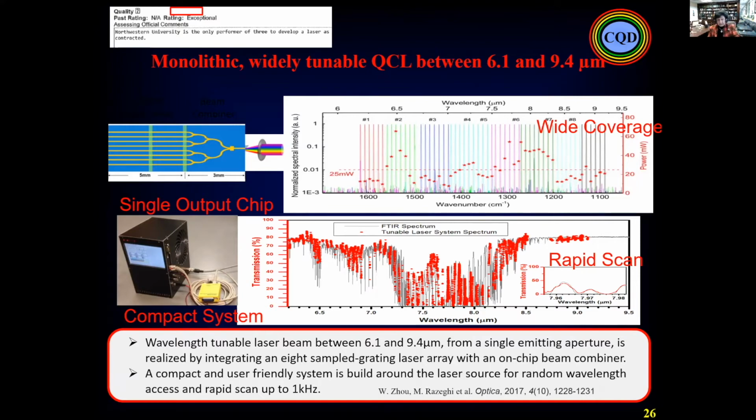And we demonstrated at the same time a compact, user-friendly system around this source that can do rapid scan up to 1 kilohertz, for random wavelengths. But that is the demonstration. We now need a lot of effort for the continuation, for different kinds of applications. So that is again the future trend.